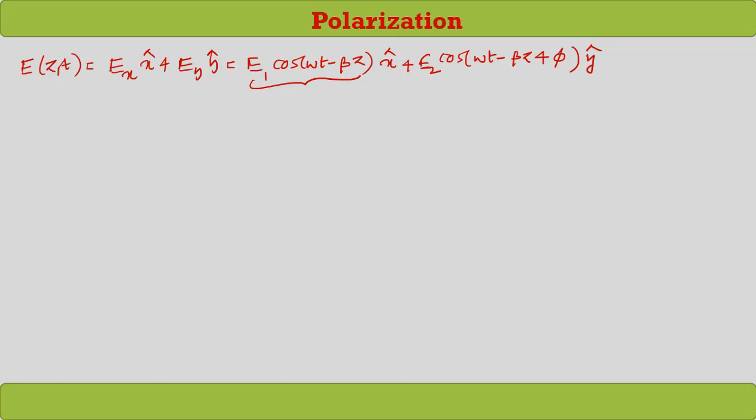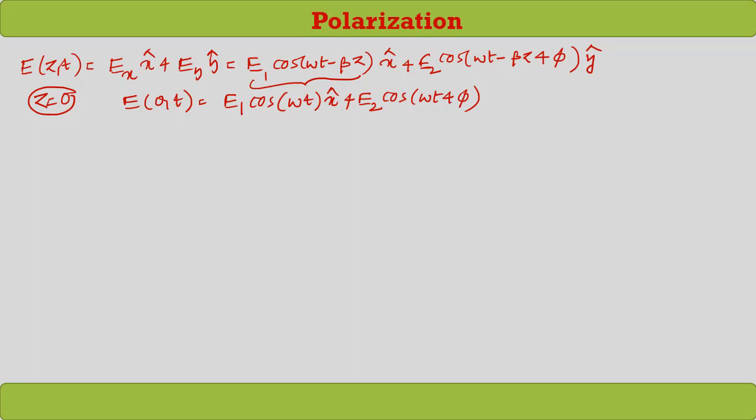As per the definition of polarization, it has to be considered at a fixed location, and for simplicity we can take that location to be z equal to 0. Then E(0, t) is equal to E1 cos omega t x cap plus E2 cos(omega t plus phi) y cap.